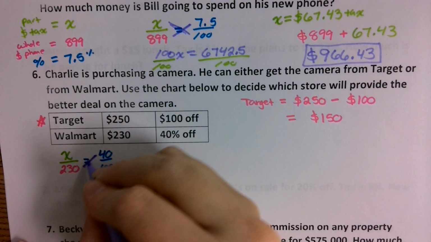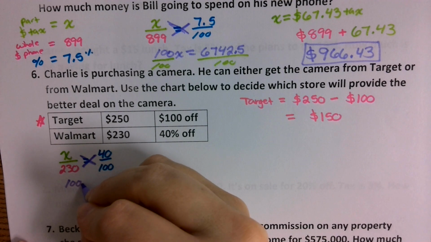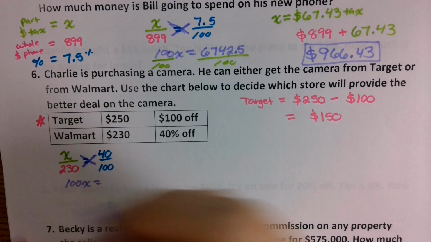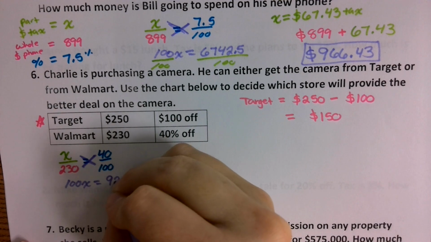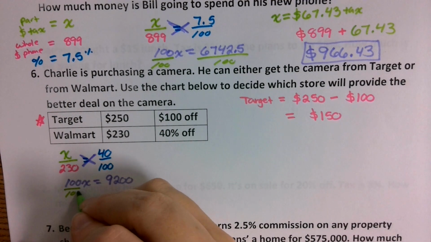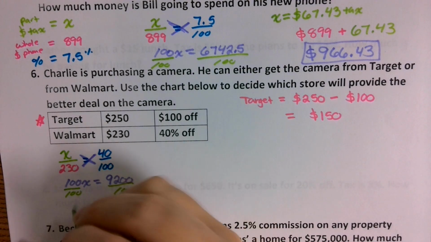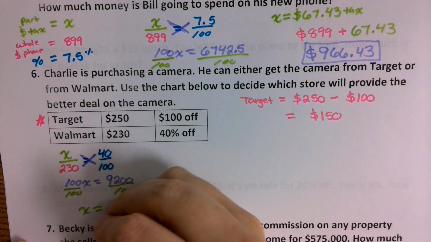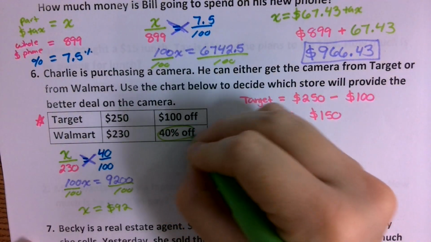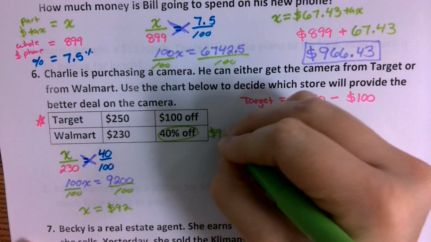You're going to multiply. You get 100X is now equal to 9,200. Then you would divide both sides by 100. And you get X is equal to $92. So 40% off is the same thing as $92 off.